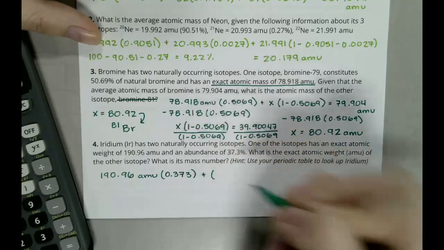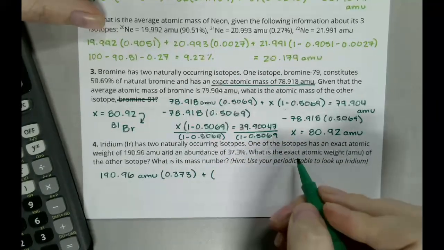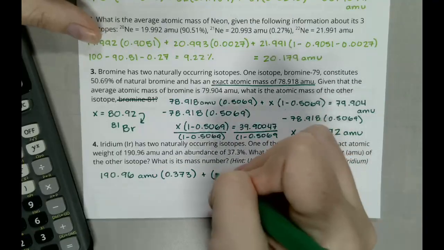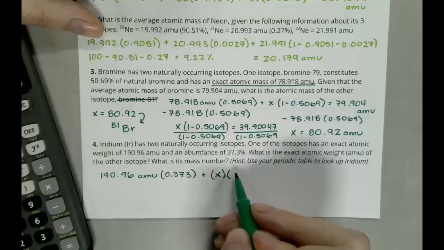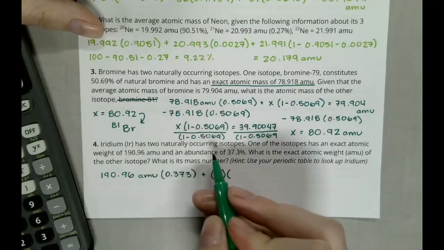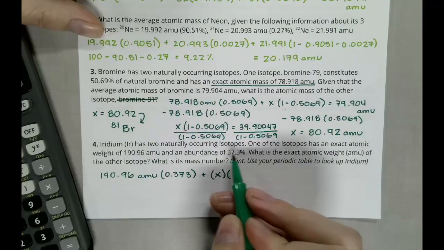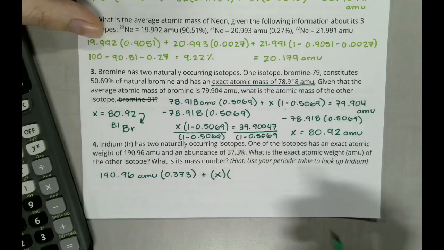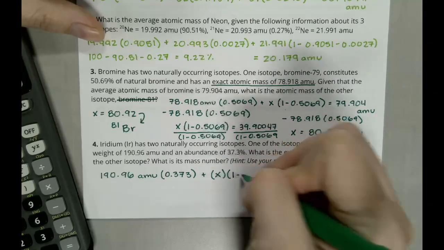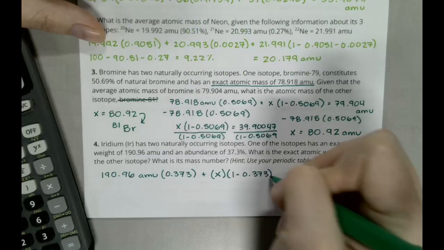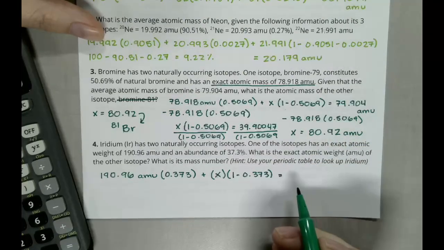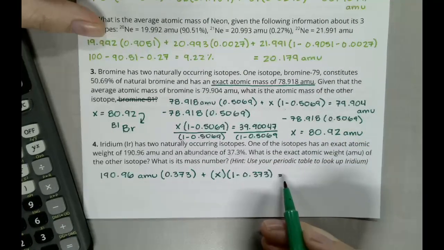Then we would add that to the other isotope. We don't even know what it is this time, so we're just going to put in an X for that. And for its percent abundance, we know that if there's only 2, they must add up to 100. So it's just going to be 100% minus 37.3, or in decimal form, 1 minus 0.373. And we know that that will equal its atomic mass.